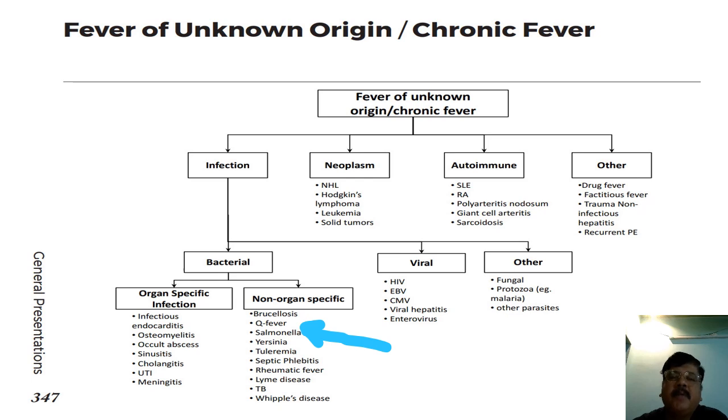Now these are the various causes of fever of unknown origin. Infectious causes may be there, then neoplastic disorders, autoimmune disorders, and other causes. If you go to the infectious causes, you can see bacterial infections, viral infections, and others. In bacterial infections, there may be organ specific infections, for example infective endocarditis, osteomyelitis, occult abscess, sinusitis, cholangitis, UTI, and meningitis.